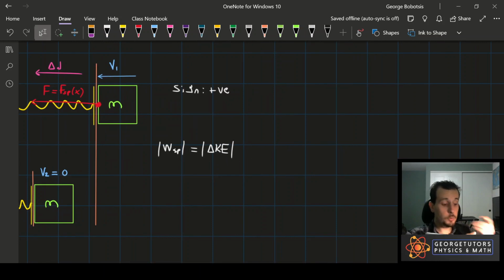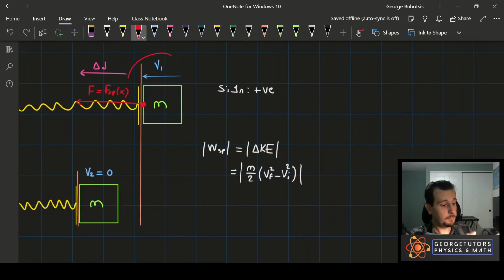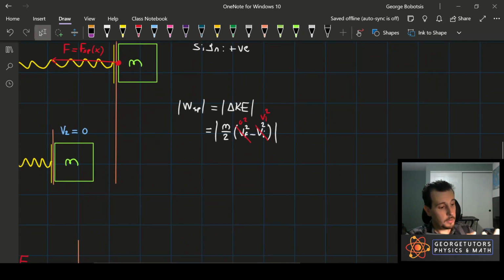Again, kinetic energy, we saw earlier how to open it up. We can factor outside the mass over 2 and just compare the final and the initial velocities here. What are they? In the beginning, I have a velocity v1. And in the end, I have no velocity. I'm at maximum compression. Therefore, I end up with something that looks like this, minus mv1 squared over 2.